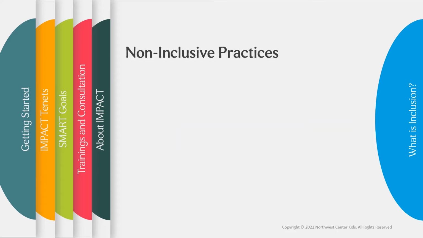In order to transform early learning into a truly inclusive community, we have to identify the non-inclusive practices that still exist. Examples we've seen are programs that have a developmental requirement. For example, does your preschool require that children are potty trained? Do you require a child to be walking before they move up from the infant classroom to the toddler room?